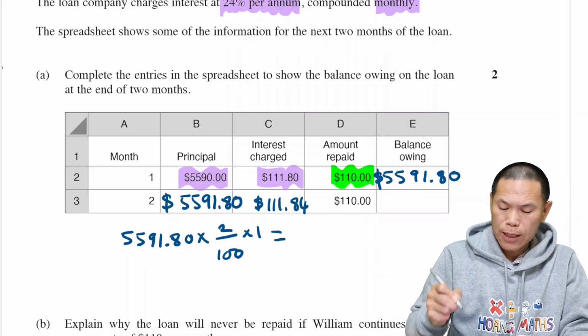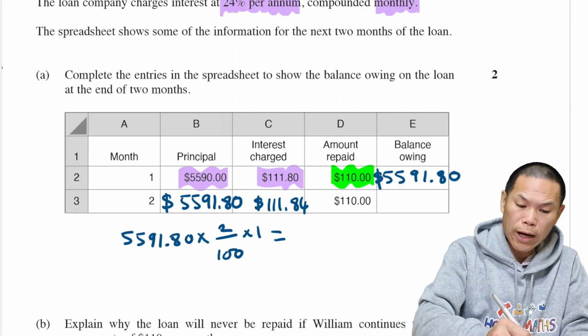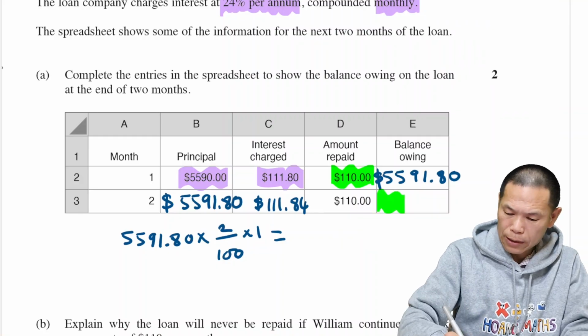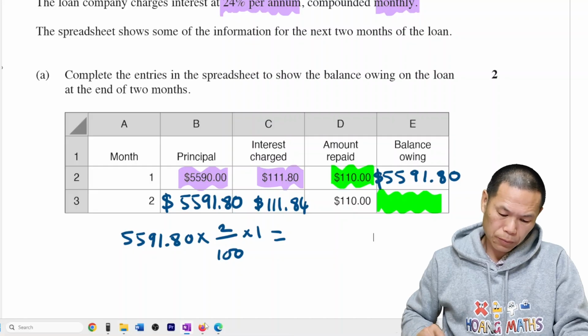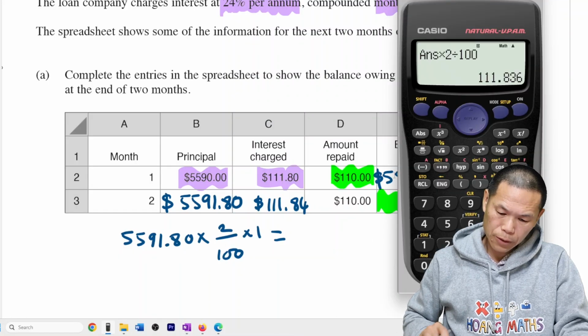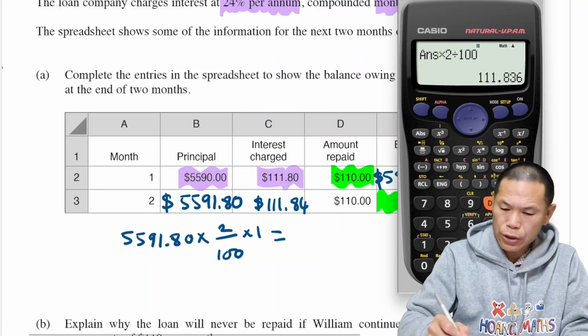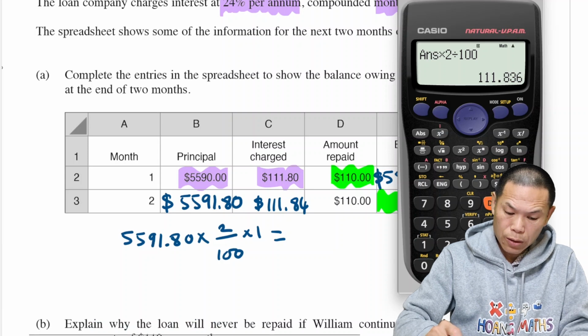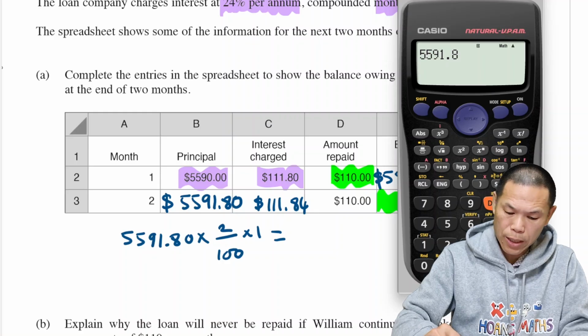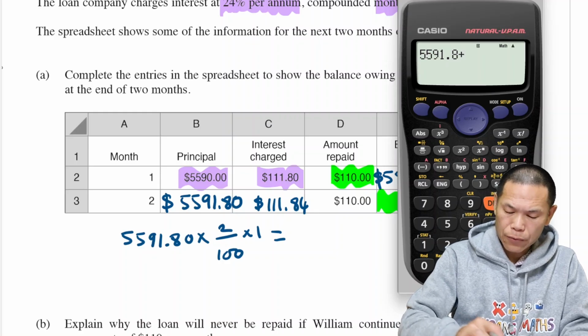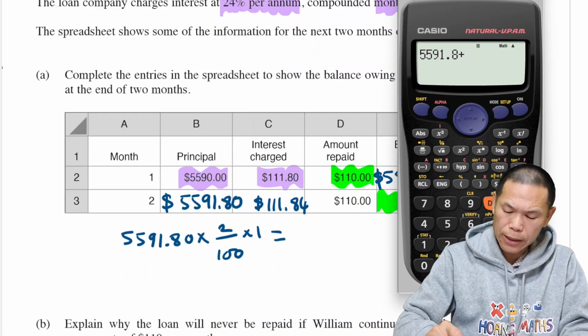111.84. And then to work out the balance, so we just go 5591.8. We add the interest, so that is the answer.